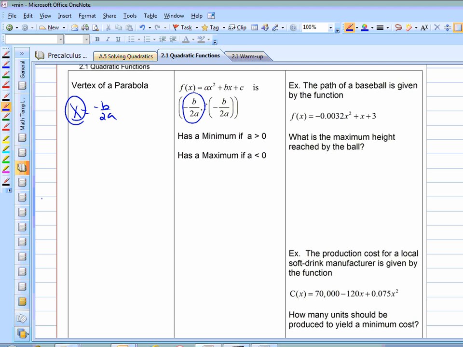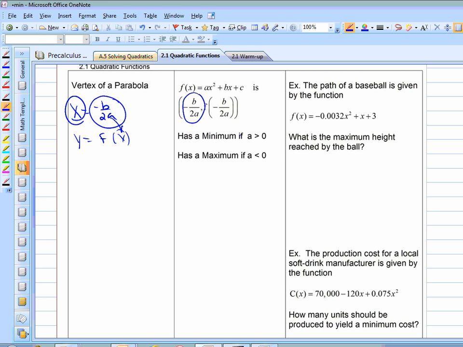If we're looking for the vertex, we have to take -b over 2a and plug it in to solve for y. And remember, our y is the same as our f of x, except we know that the x value is plugged in to solve that. So that's why you see this notation that the vertex is -b over 2a, comma, f of -b over 2a. That's where the notation comes from.